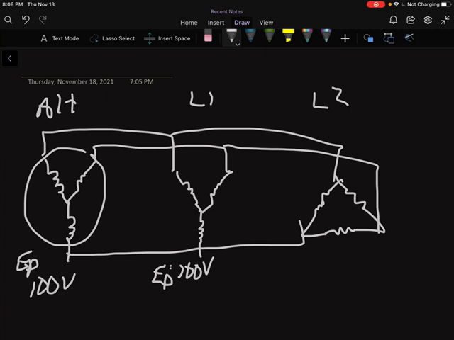Let's pick a value of 5 ohms per phase. I'm only going to write one of the 5 ohms; we're going to say that all Y loads are 5 ohms, and our delta load is going to be 10 ohms per phase.